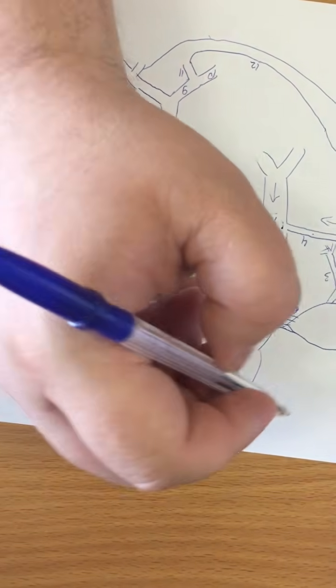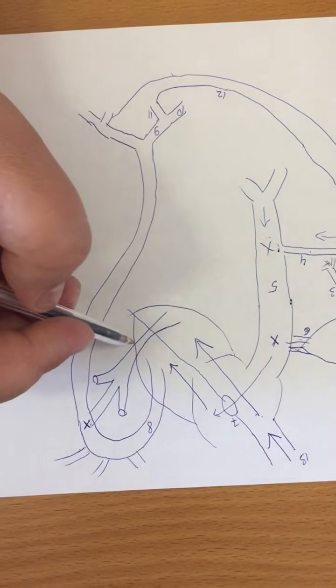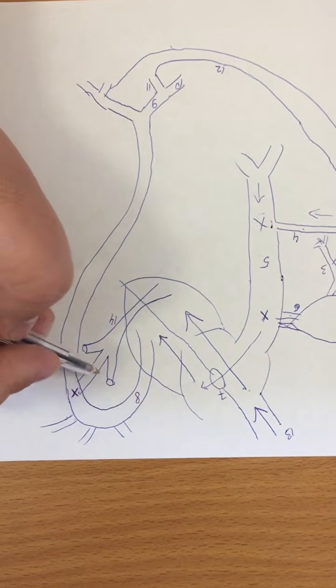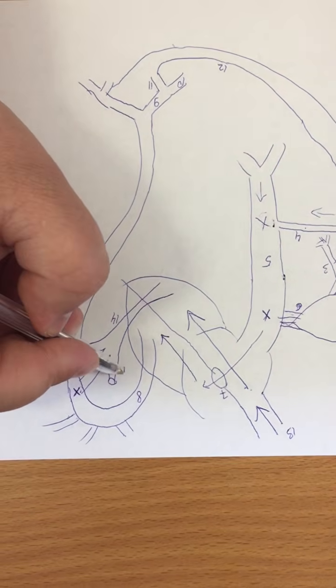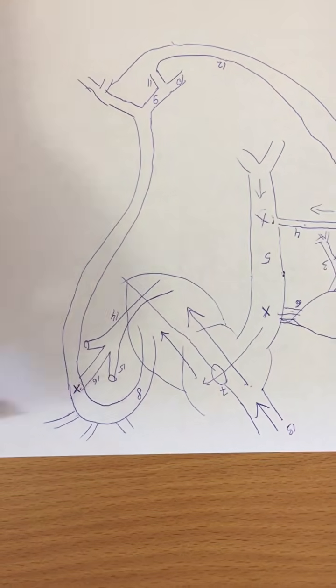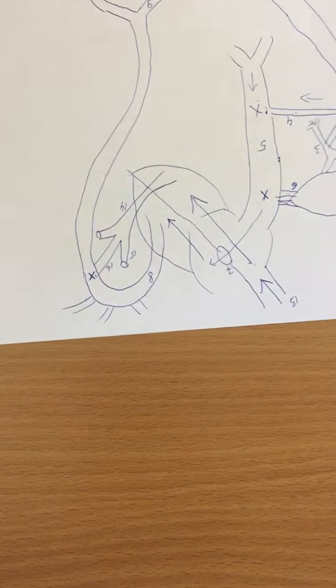Then 13, vena cava superior; 14, truncus pulmonalis; if you want 15, that is arteria pulmonalis; and number 16, ductus arteriosus.